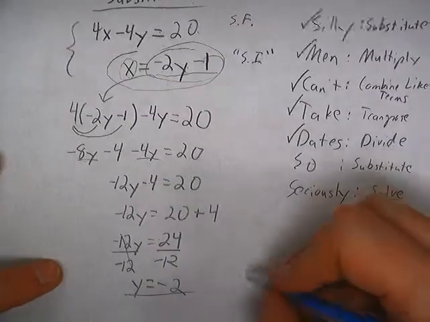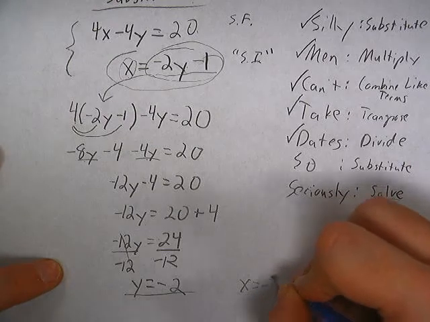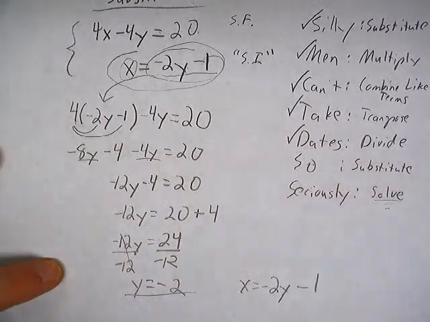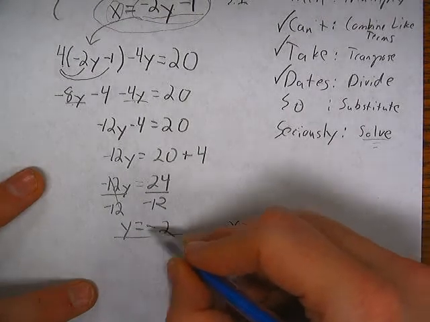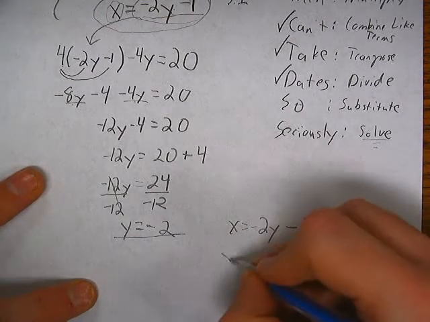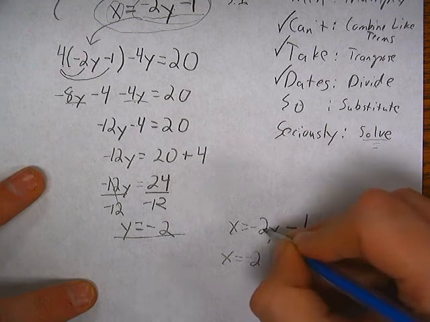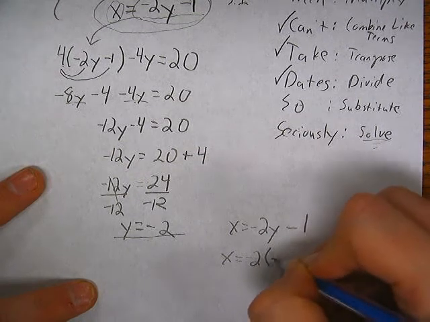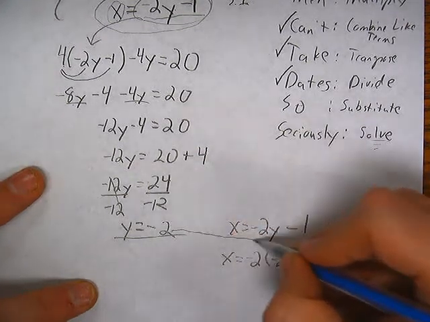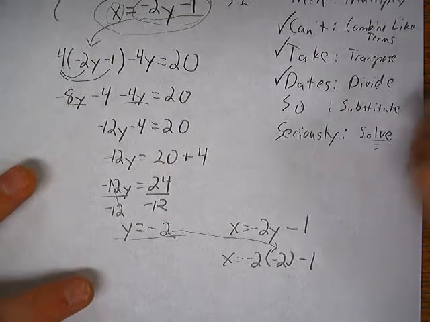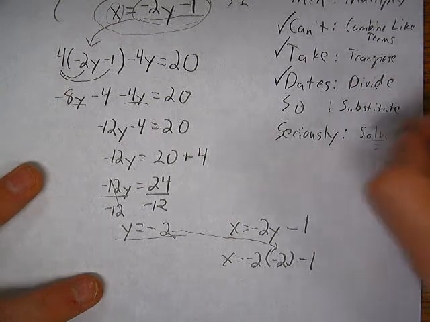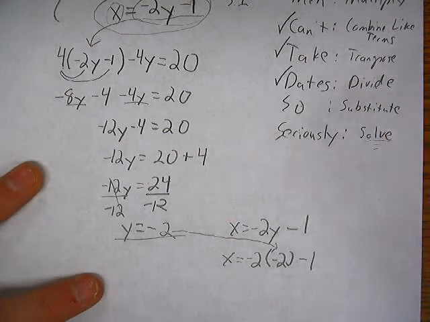Let me write it down so you can see it. x equals negative 2y minus 1. Instead of y, I'm going to write negative 2. Substitute again. Here's negative 2. Instead of y, I write negative 2, minus 1. Now solve, or in some cases it can mean simplify.